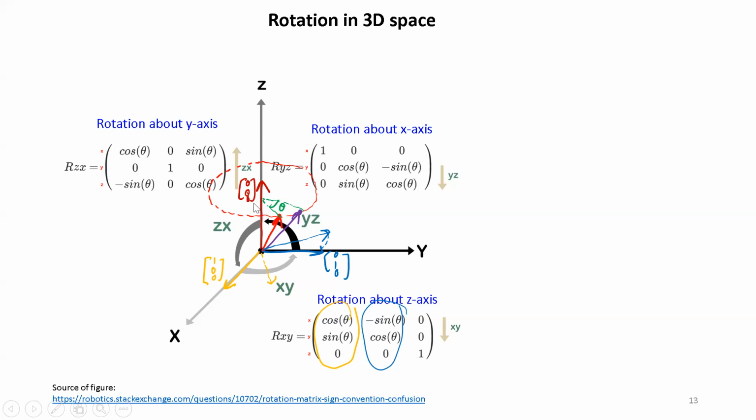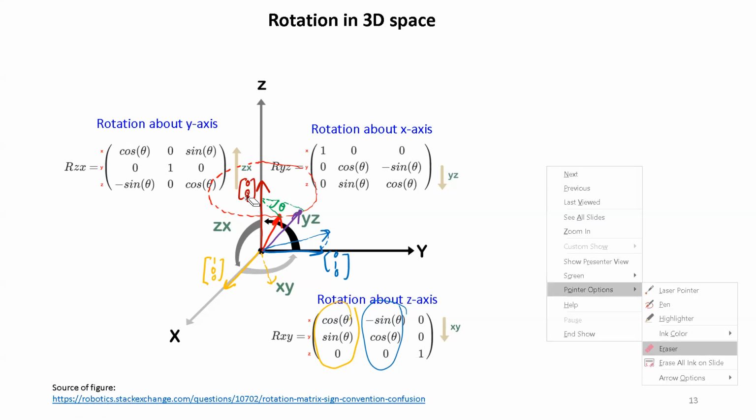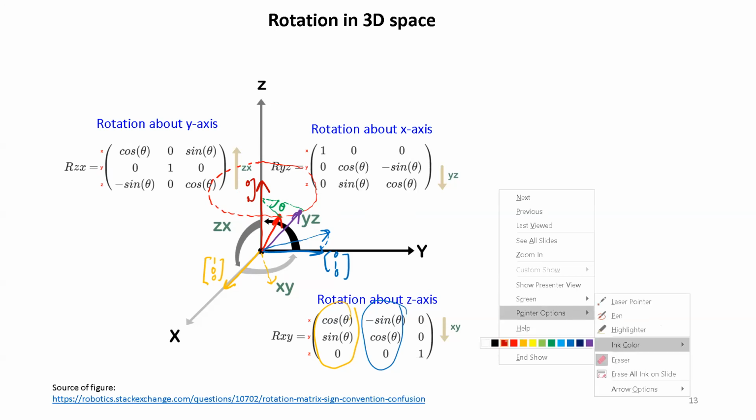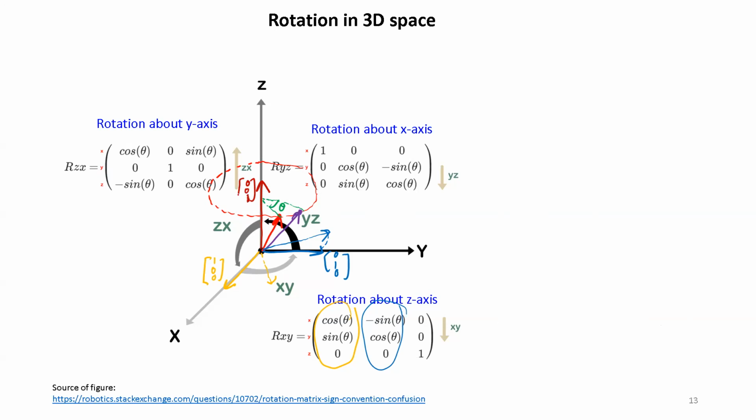The rotation about the z-axis does not affect this vector at all, because to begin with, this is already parallel to the z-axis. So that's why a rotation does not change this 0, 0, 1 at all. So that's why you have this. And this is how you construct this rotation matrix about the z-axis, okay, for this 3D space.